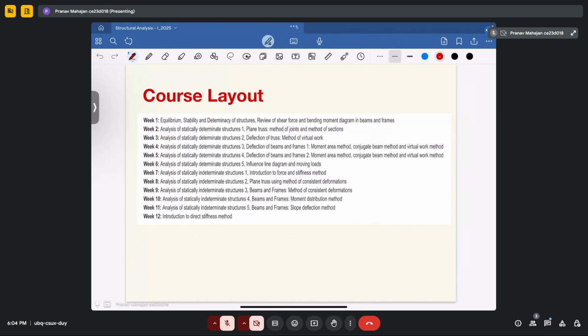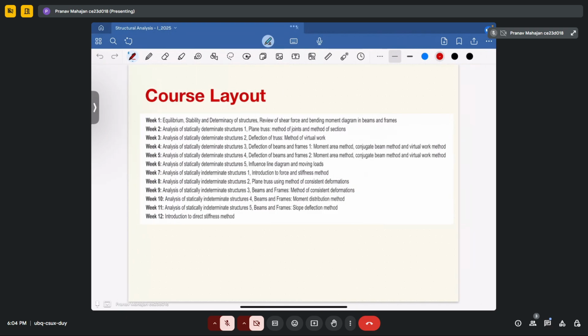And in this, we have seen how the problems can be solved related to trusses, beams, and frames for statically determinate structures, as well as when we have moving load over the structure, then how it will affect the behavior of the shear force and the bending moment diagram that we have seen using influence line diagram, wherein we have applied Mueller-Breslau principle and we have seen how much maximum bending moment and shear force can be observed based upon the proportion of load that are moving over the structure.